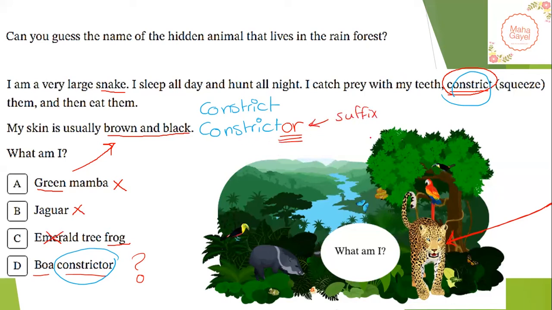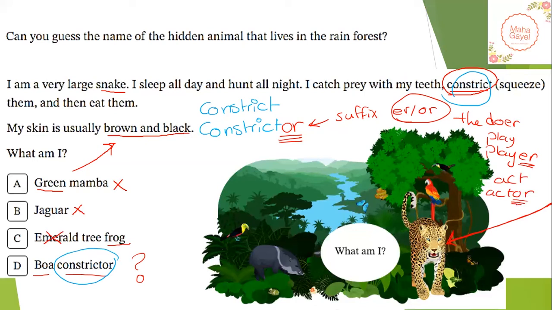We have said that the suffix er or or means the doer. For example, play, player. What about act, actor? This is also the suffix.